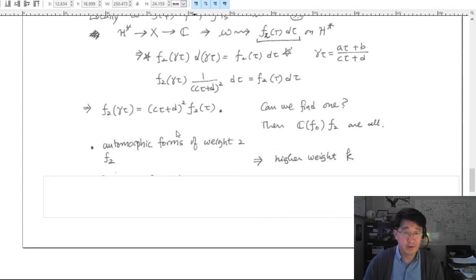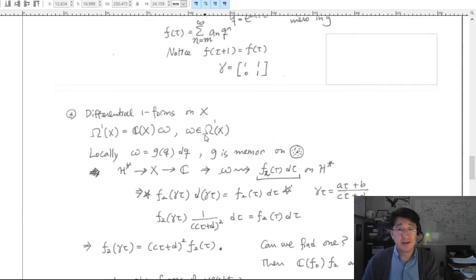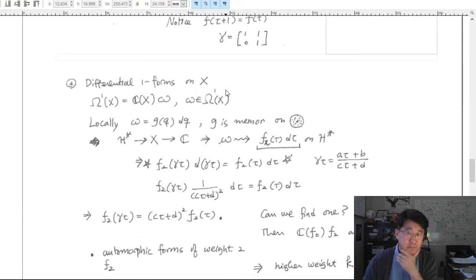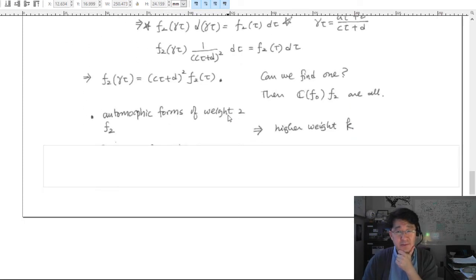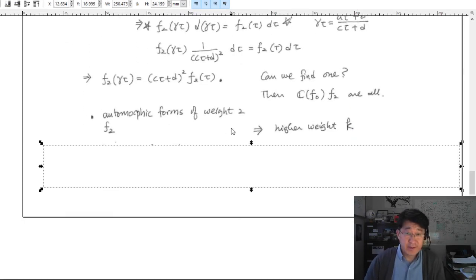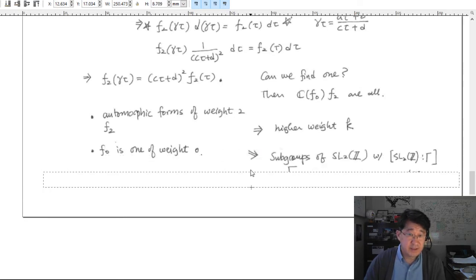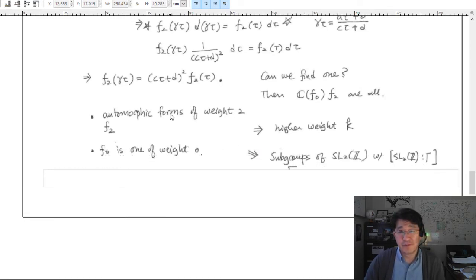All right, so I wrote it down. Any function that is defined in the upper half plane that satisfies this structure is called an automorphic form of weight 2. And I forgot to write down this definition at infinity, but there is an analogous definition at infinity in there. Forgot to mention. All right, that's the definition of automorphic forms of weight 2, and they also consider automorphic forms of higher weight.